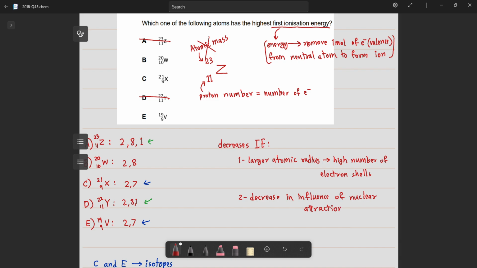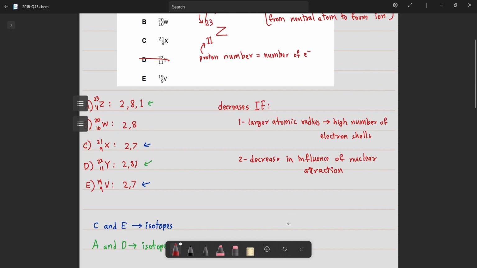This is because of, which I'm going to mention in number 3, an increase in electron repulsion, or you can call this by another name, the electron shielding effect. So these are the 3 main reasons for a decrease in ionization energy.